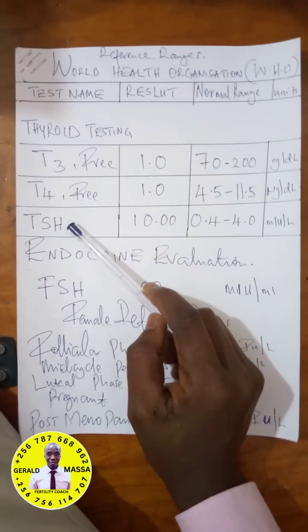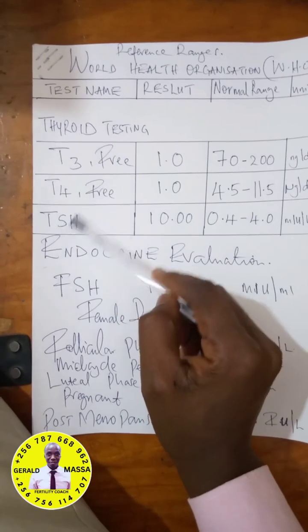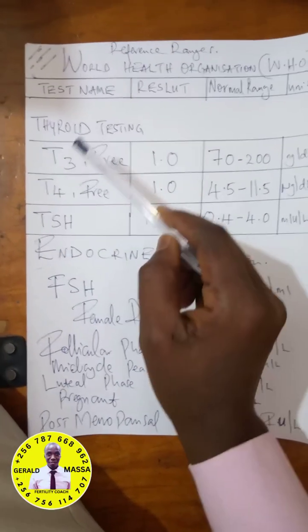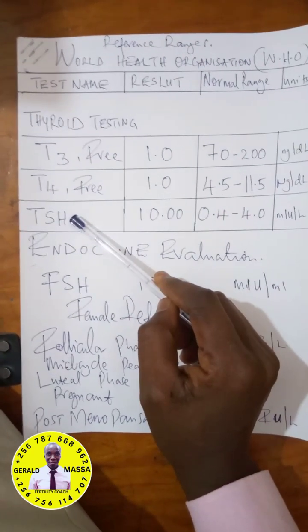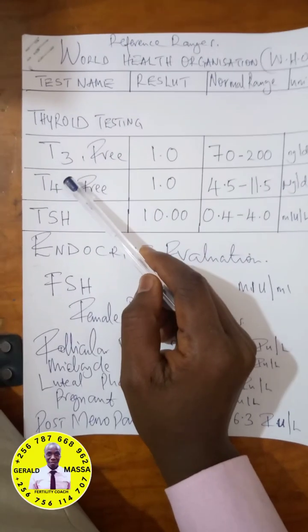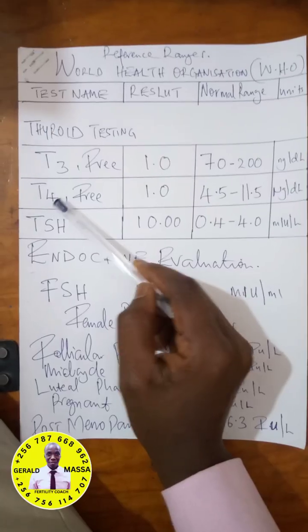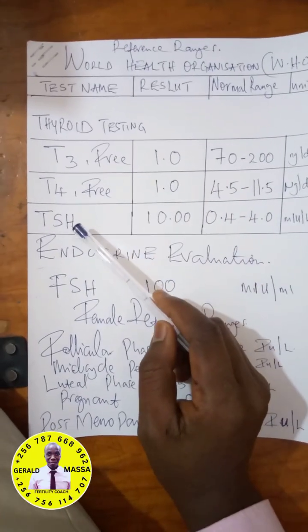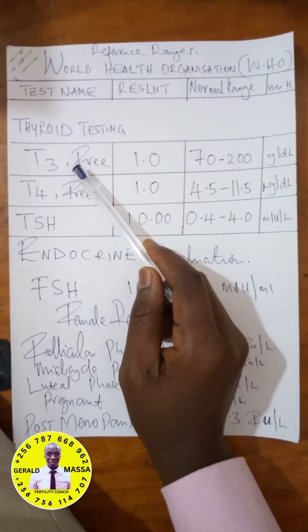But as TSH is reaching your thyroid gland, the thyroid gland is not responding to the effects of TSH. Thus, the thyroid gland is underproducing T3 and T4. Let me repeat. The report simply means that your brain is sending TSH to your thyroid gland, but the thyroid gland is not responding.